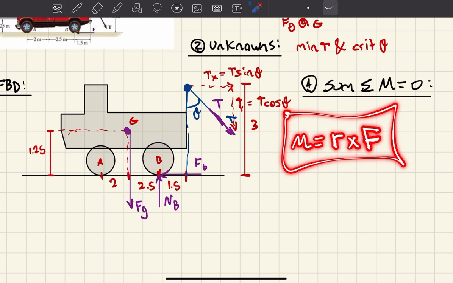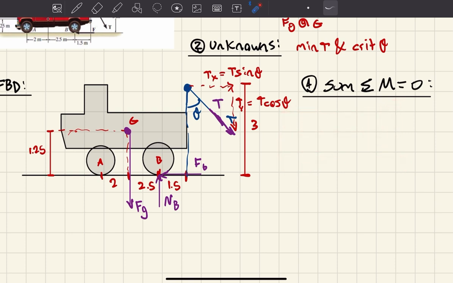That's the formula for a moment. If, for example, we take the moment about point G, this FG force will not be taken into account because the R is 0, and that scraps the moment. But we will have to include this guy, this guy, this guy, and this guy. That looks like 4 forces to me.